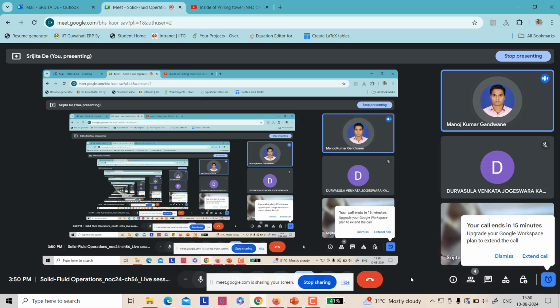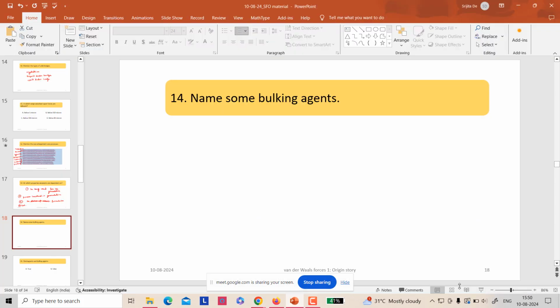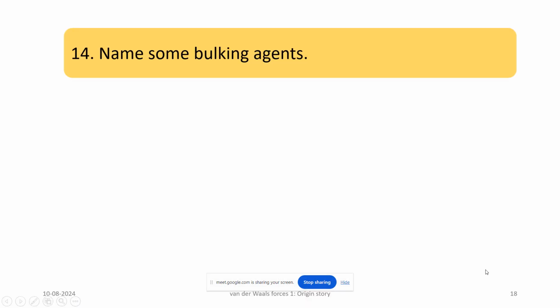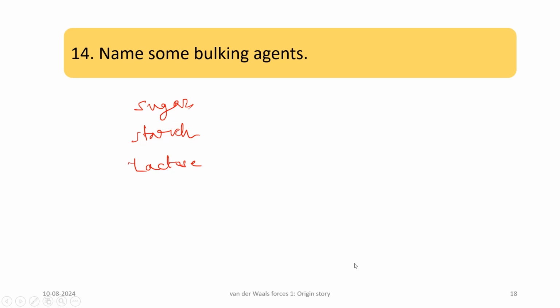Sugar, starch, lactose, then cellulose, dicalcium phosphate, etc.